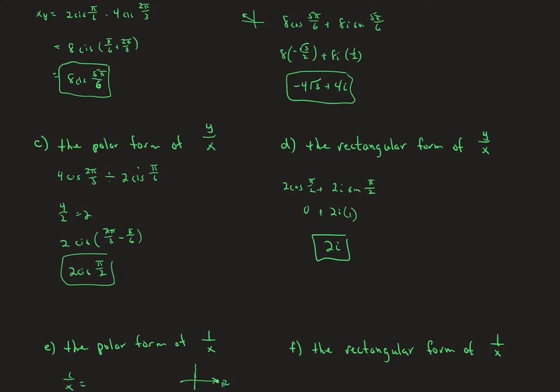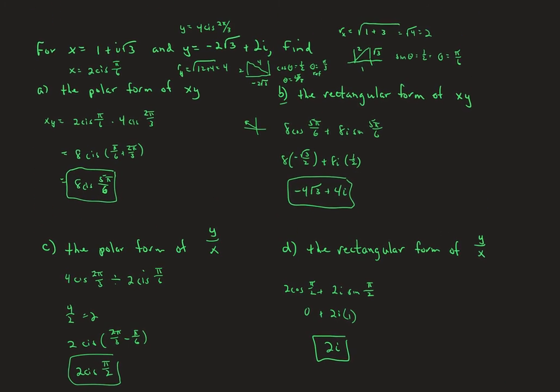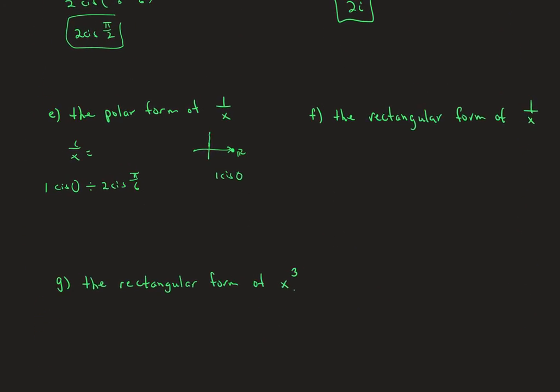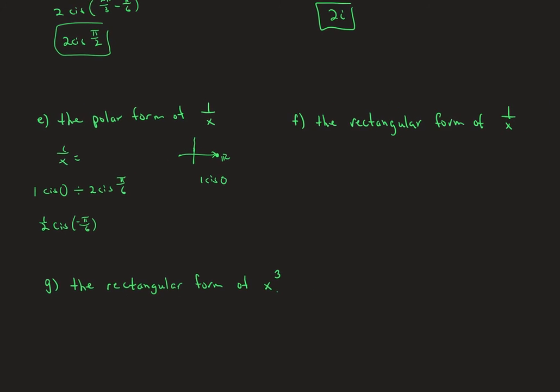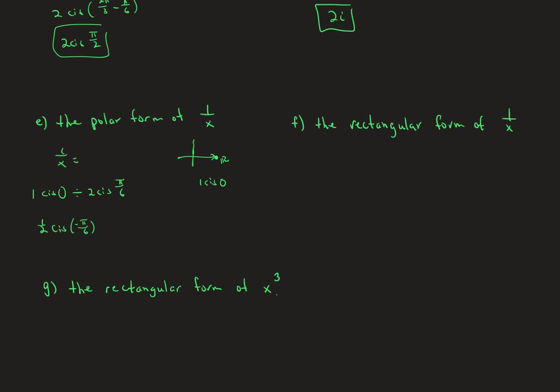Is that what x was? Yep. Okay. So we have then, as before, 1 divided by 2 is 1/2, and we'll subtract our angles. 0 minus pi over 6 will be a negative pi over 6, and so we could leave it that way, or you could call it 1/2 cis 11 pi over 6, either way.